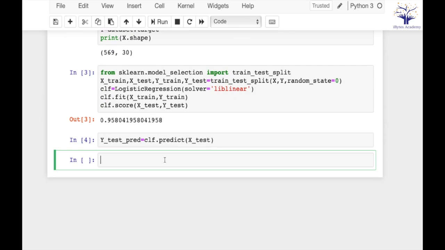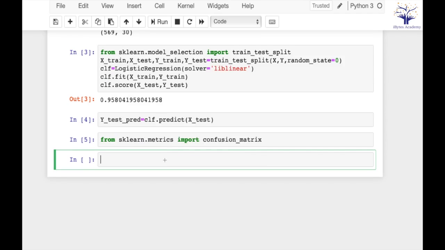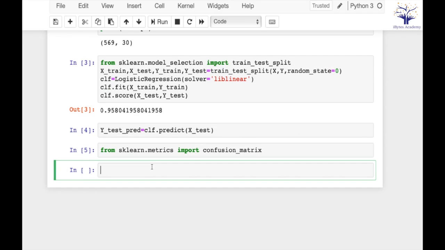To build the confusion matrix, I will be importing it from the metrics module of sklearn. To build it, we will have to pass y actual values and y predicted values.